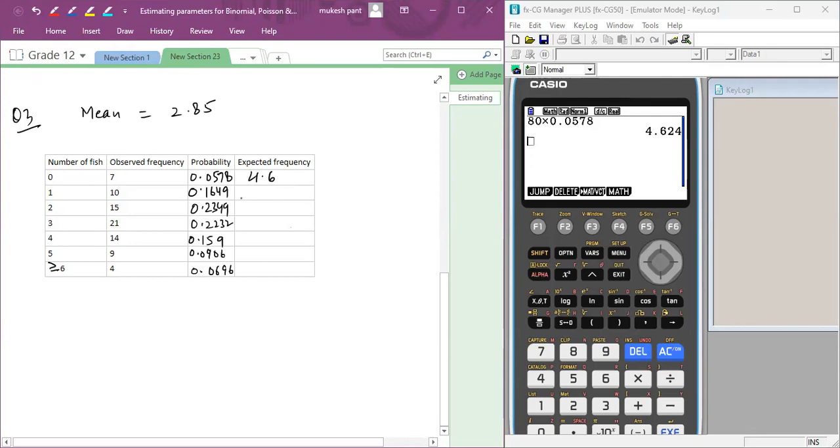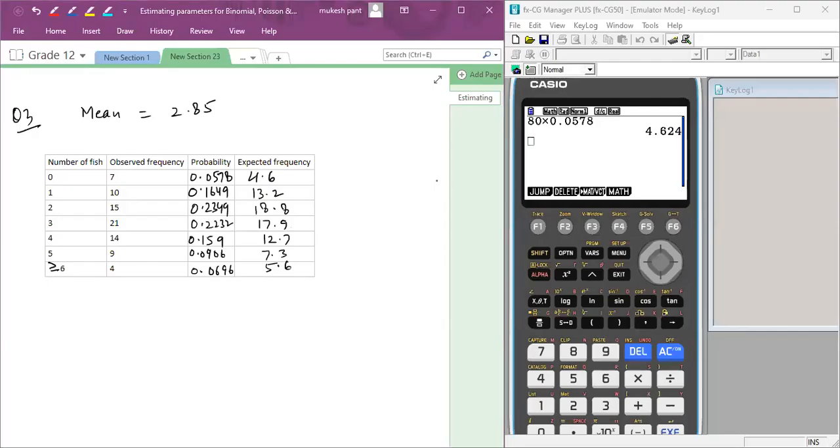Similarly, you can do 80 times this one, and whatever the product is you can write over here. So this is the data of all the expected frequencies, right?